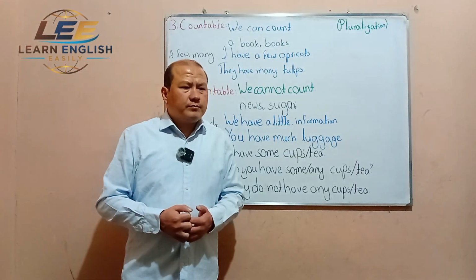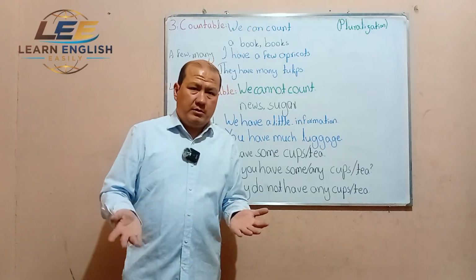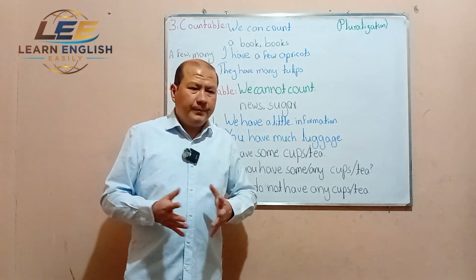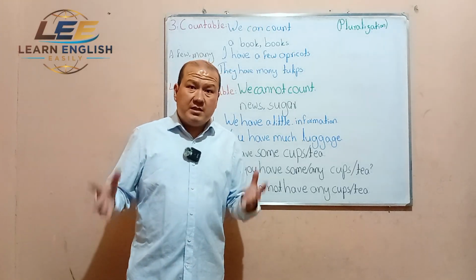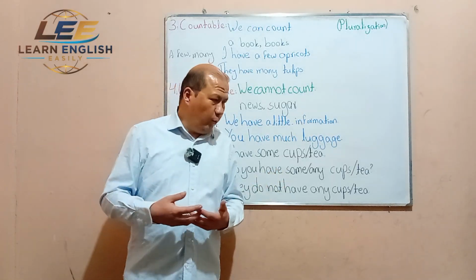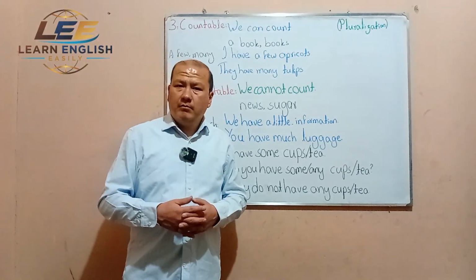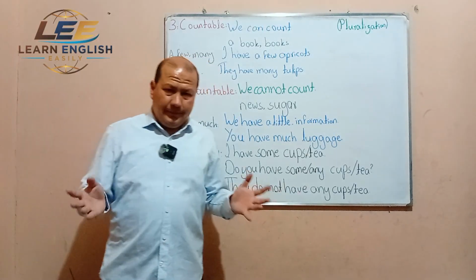For example, one person is traveling somewhere for 2 days, a business trip. That person has taken 6 suitcases. So when someone sees us, say, you have much luggage. No? So that is a lot.